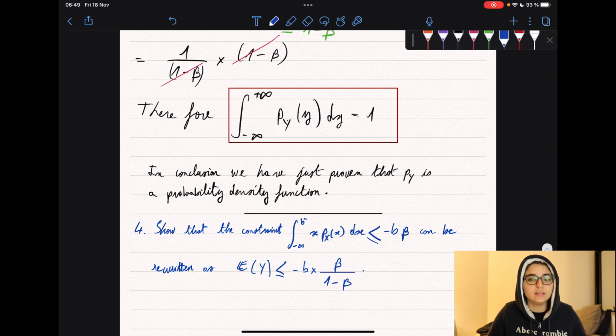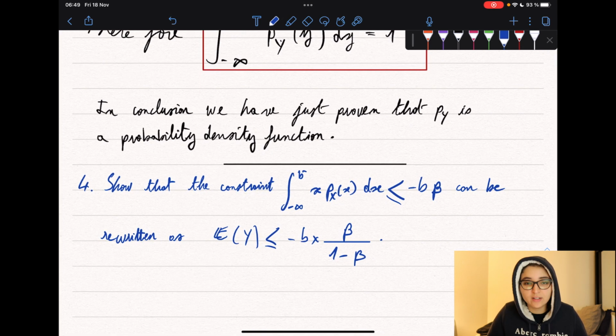So, at this point, now that we have proven that p_Y is a probability density function, we can leverage that to infer some things about one of the inequalities that we're going to be using later on.